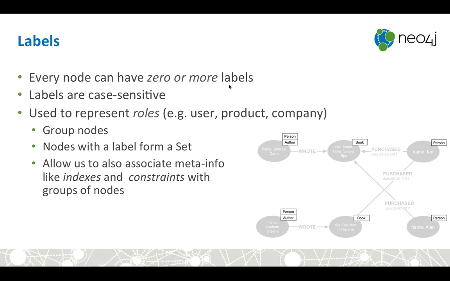As I mentioned, we can have labels in our graph for nodes. Those are case-sensitive names and represent roles of your node. A single node can have multiple labels, 0 or more, and these labels represent roles that your nodes have.